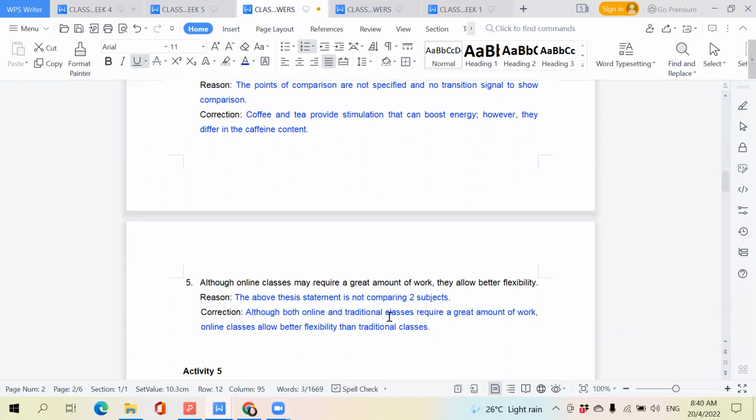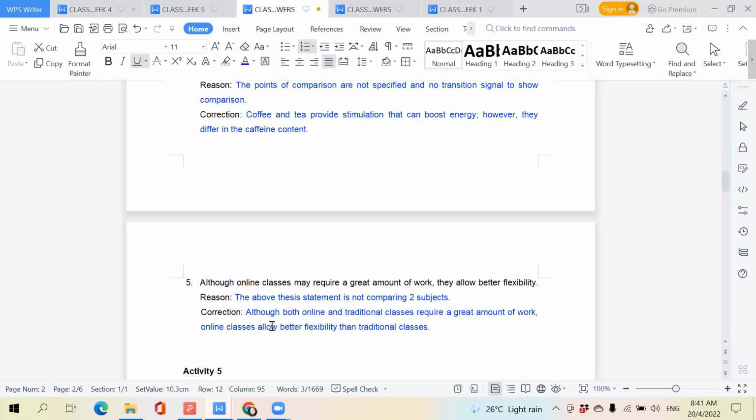Okay, this one is not comparing two subjects. As you can see here, it says although online classes may require a great amount of work, they allow better flexibility. So here in the sentence, it only talks about online classes. It doesn't mention anything about traditional classes. So this is also unacceptable. All right. So how to fix this?